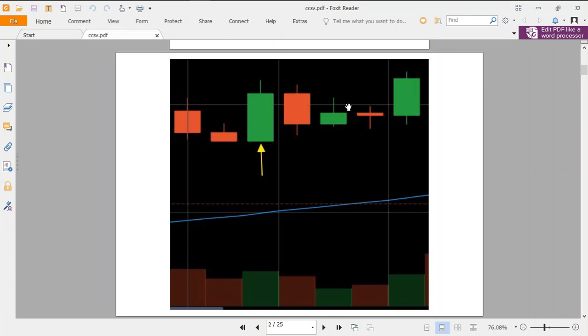Then I need to frame the rules in such a way that I enter either on the 3rd or 4th candle, not further. And to study this, I need 2 candles before, not way far before. So this is my first rule.